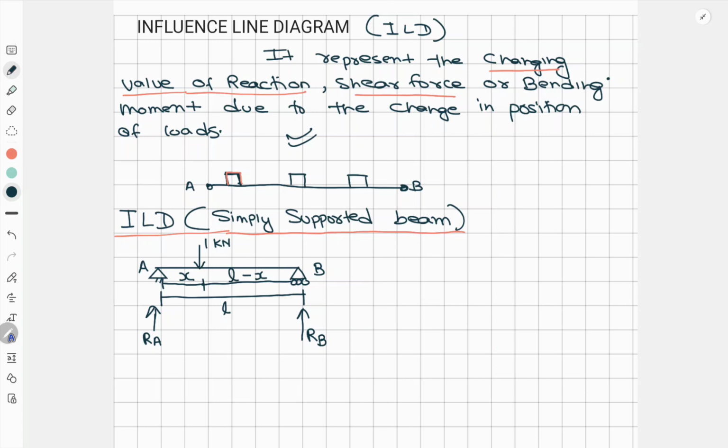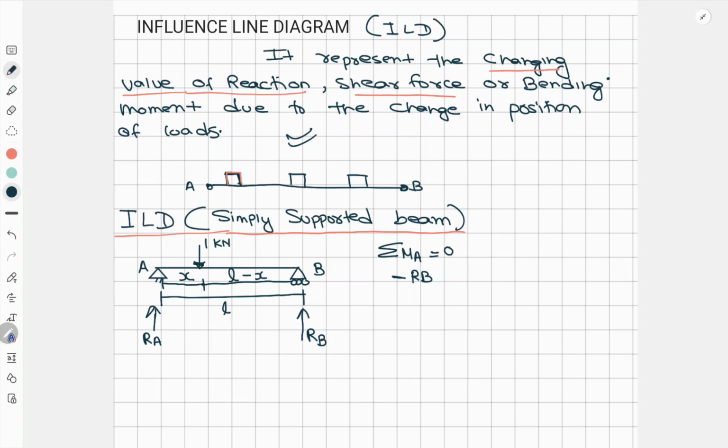Okay, so first if we take summation of all the moments about A, it will be 0, right? So now what we'll do, see, summation of all the moments about A, then all the forces will move towards A. That means RB will be upward, so it's a minus sign, minus RB, and one load is there, right?